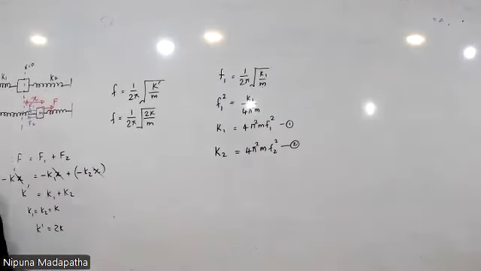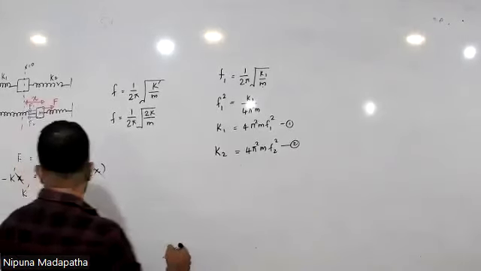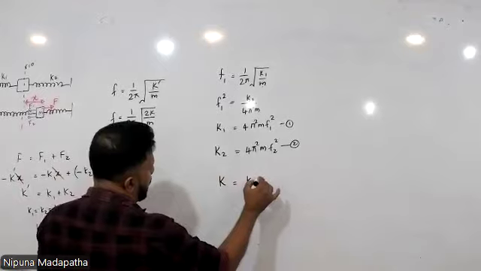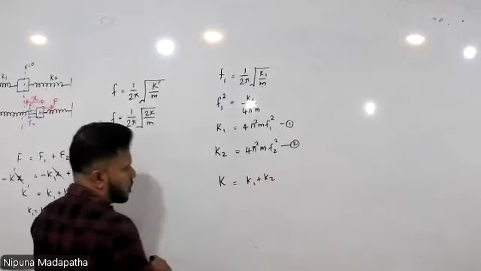Right? Then we have the equivalent K. Equivalent K is given by K1 plus K2.